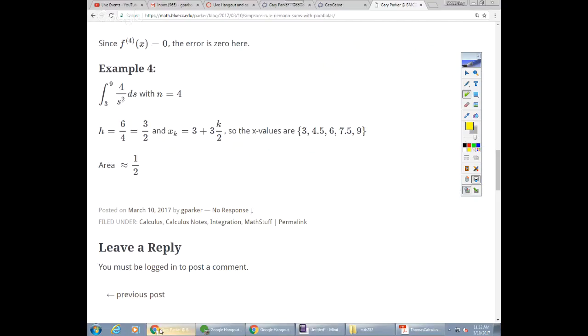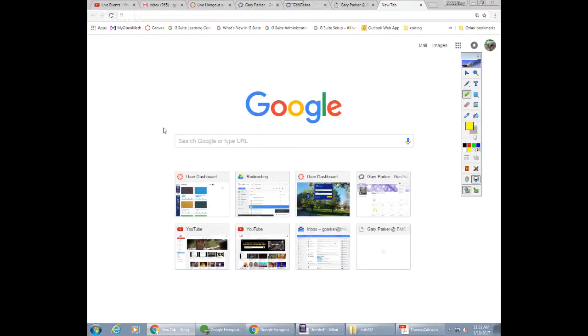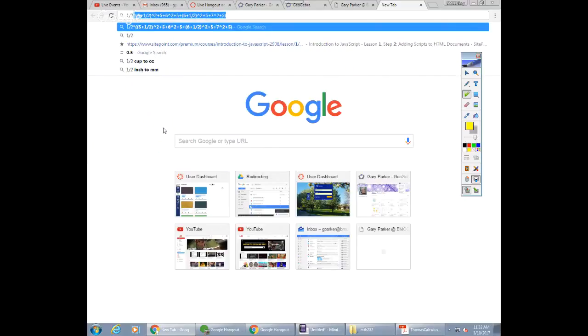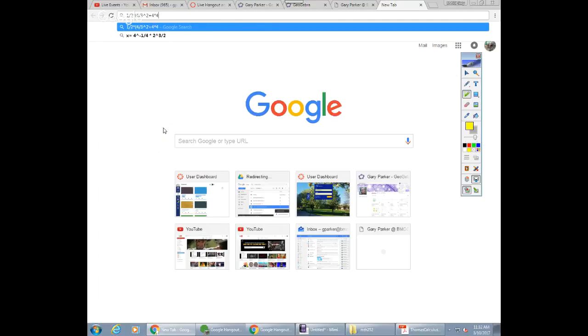Google, calculator. 1/3 of 3/2 is 1/2, times 4 over 3 squared, plus 4 times 4 over 4.5 squared, plus 2 times 4 over 6 squared, plus 4 times 4 over 7.5 squared, and then plus 4 over 9 squared.